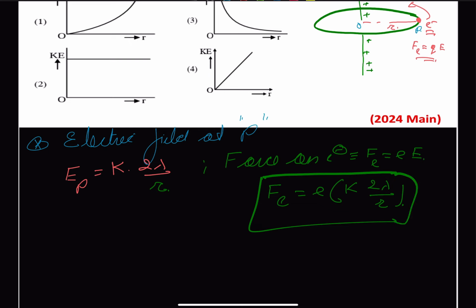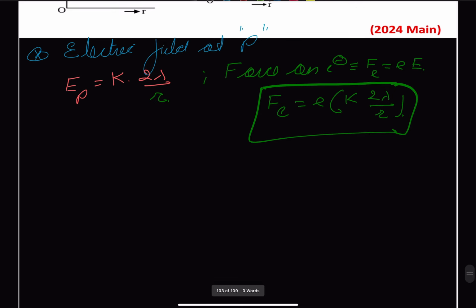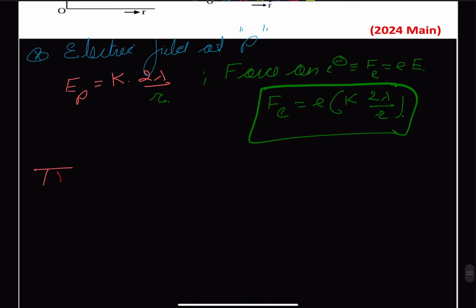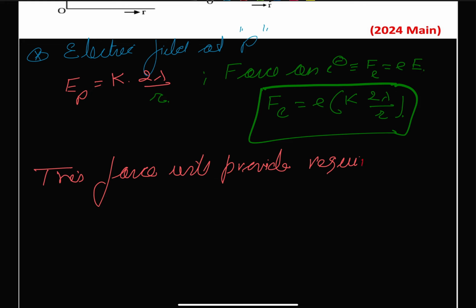Now this force will provide the required centripetal force, which is nothing but our mv square upon r.